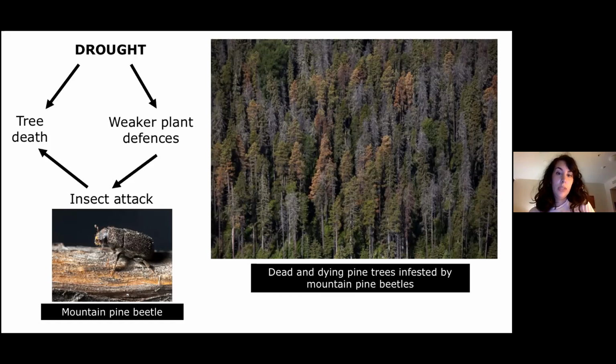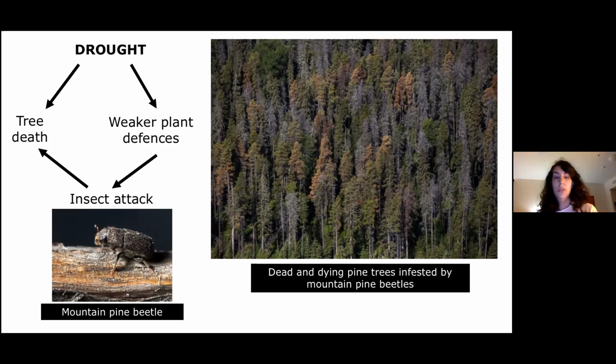They have chemicals that are either toxic to insects or just unpalatable. Sometimes they even have chemicals that can attract predators that will then eat the insects. But when there is a drought, trees tend to not produce as much of those chemicals because they don't have as many resources to put into producing those defenses.